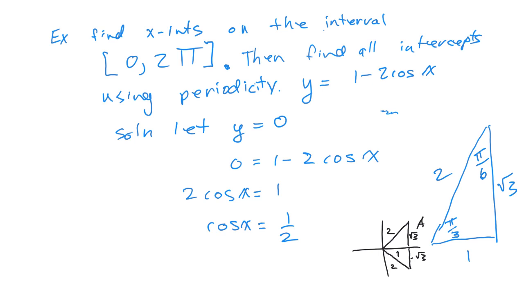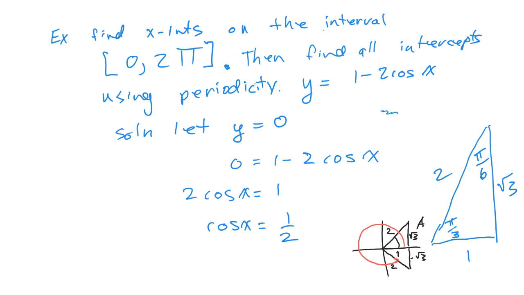So now, that gives us these two angles, the angle from here to here, and then the angle from here all the way around, right? Now, those angles between 0 and 2 pi.